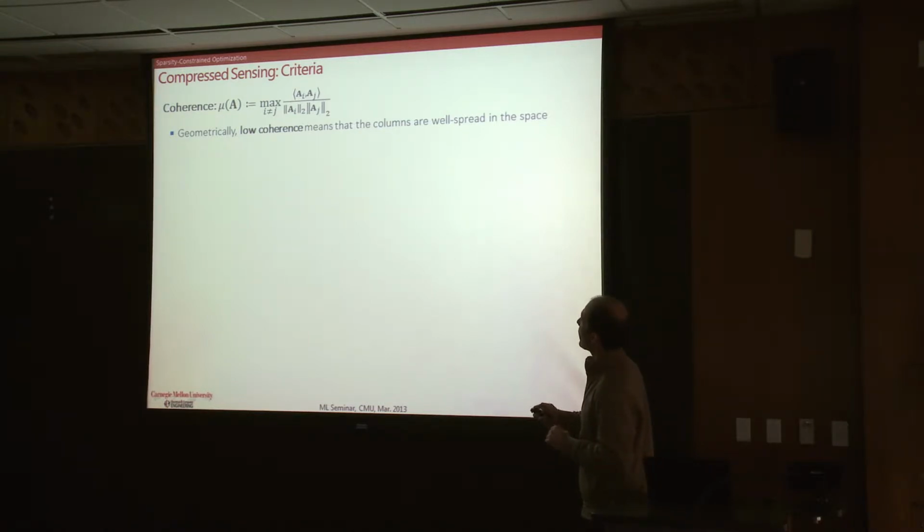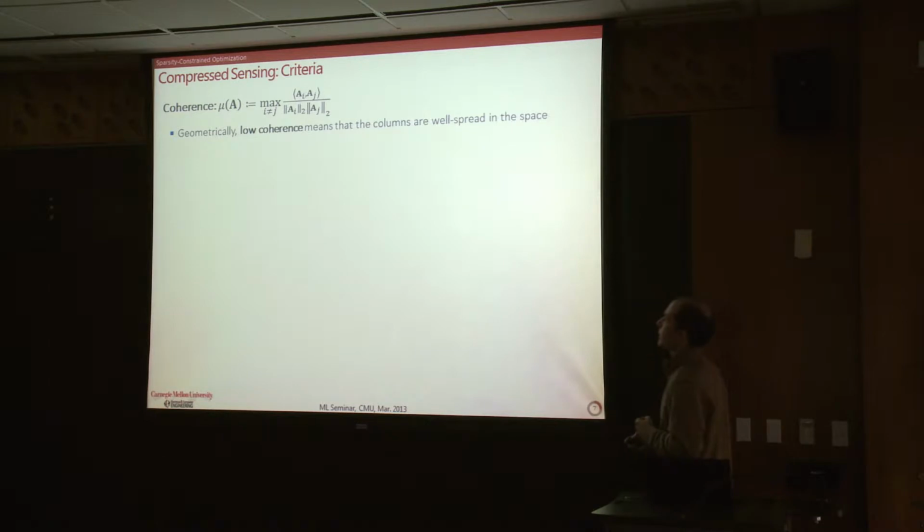If the measurement matrix has sufficiently low coherence, then it is shown for some algorithms that the algorithm converges. The advantage of coherence is that if I give you a matrix, you can compute this coherence in a reasonable amount of time.